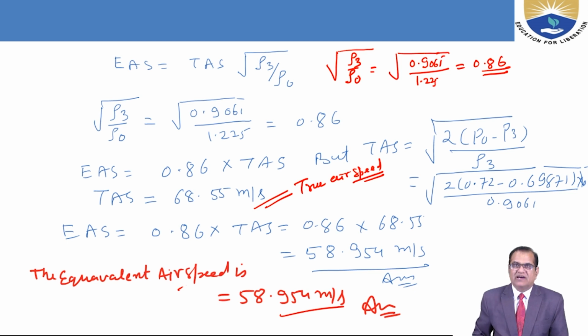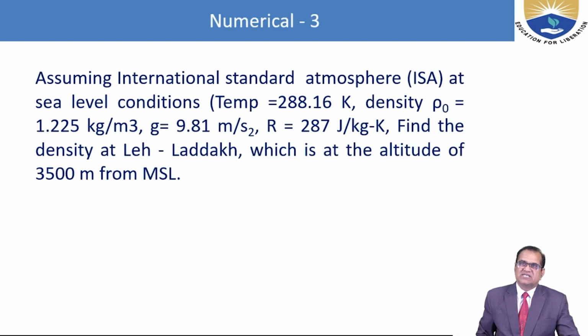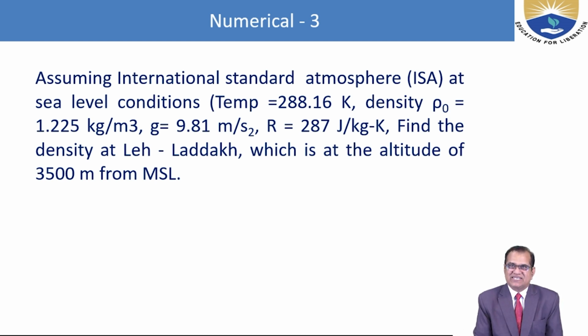I will go for the next problem, which is problem number 3, or numerical number 3. Assuming International Standard Atmosphere, ISA, at sea level conditions, temperature is equal to 288.16 Kelvin.